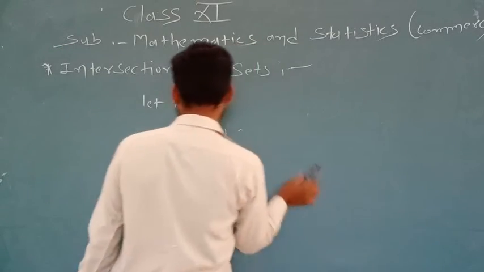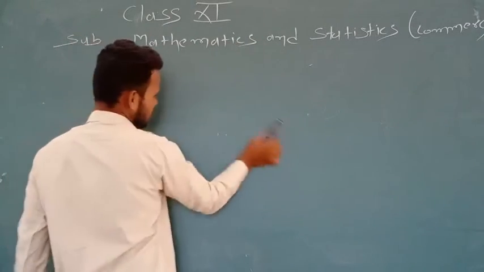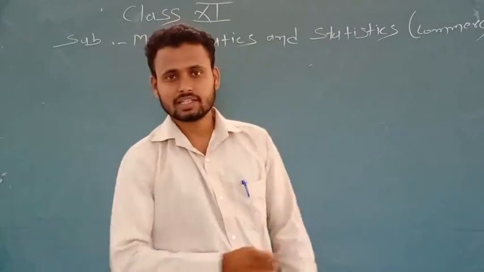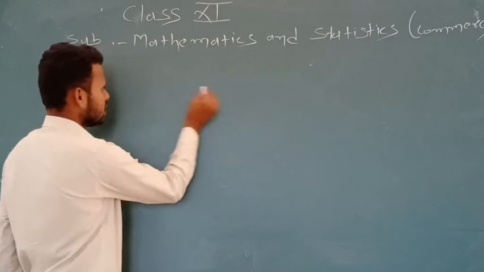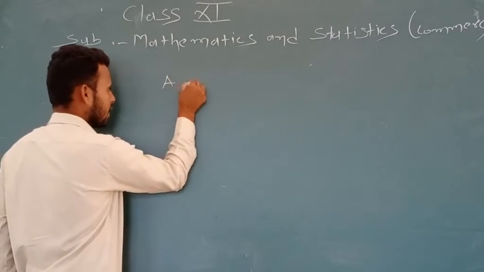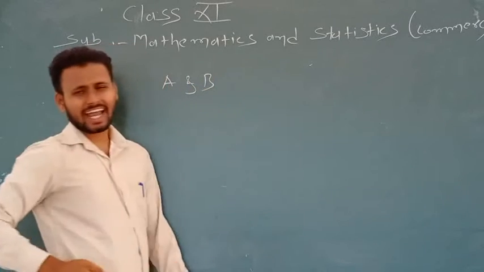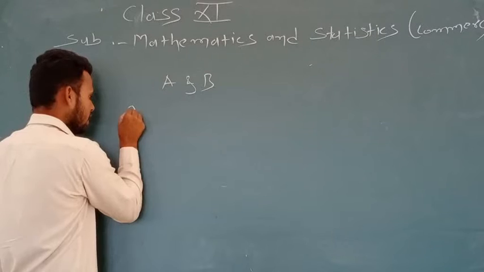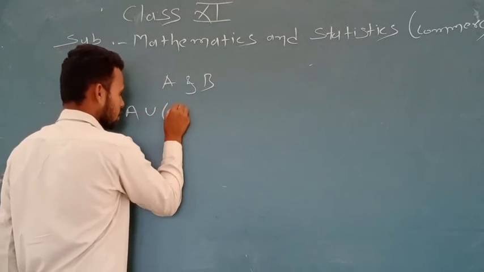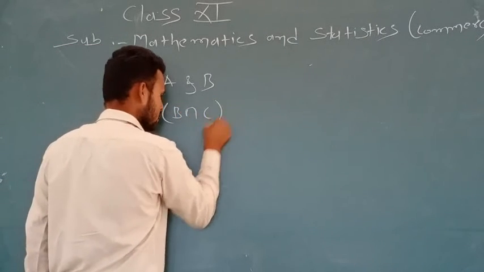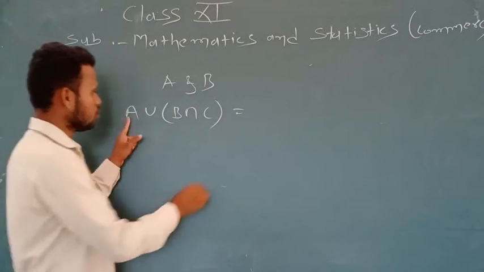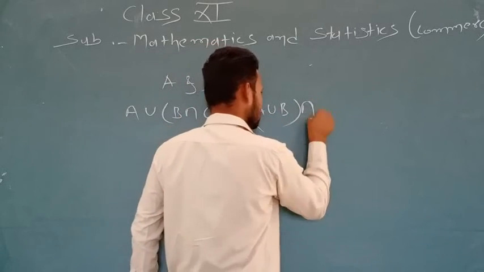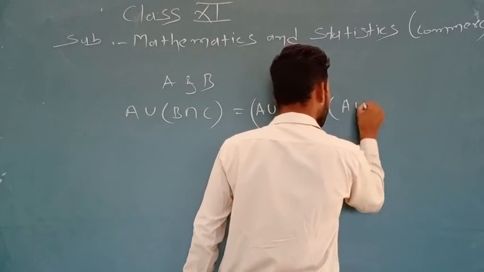Now next there is one property, the distributive property. Here only the statement. Suppose A, B and C are any sets. Then the distributive property: A union (B intersection C) equals (A union B) intersection (A union C).